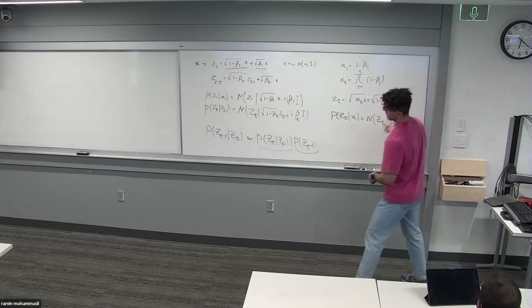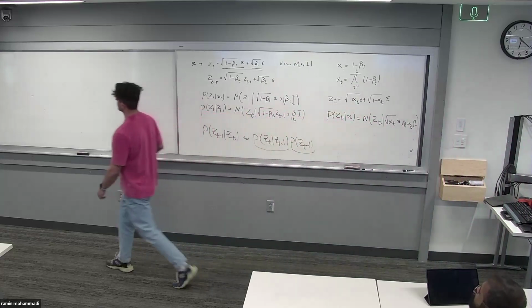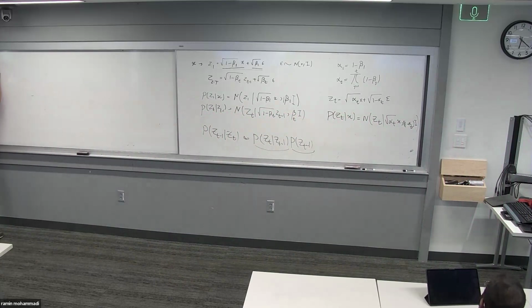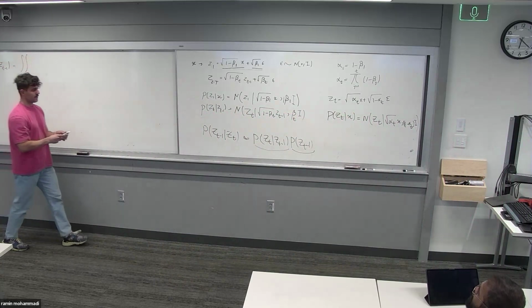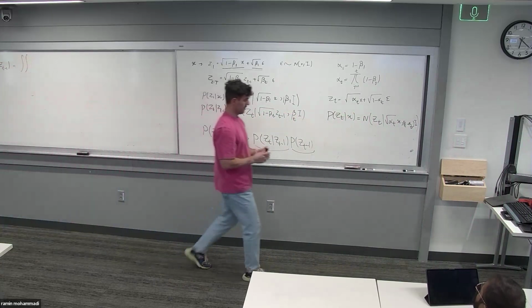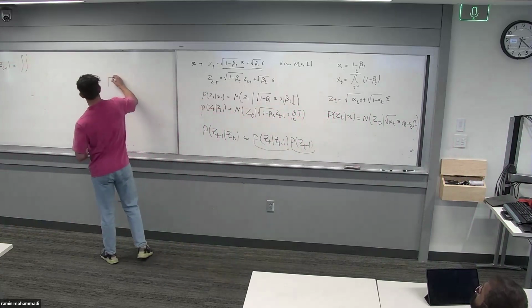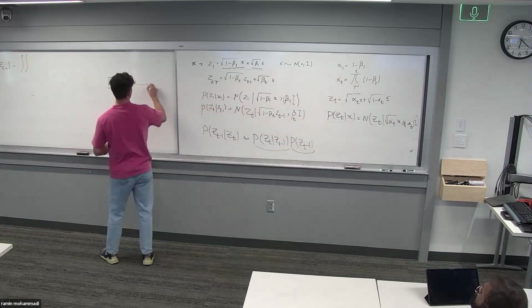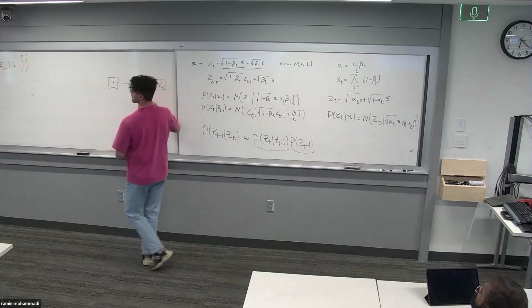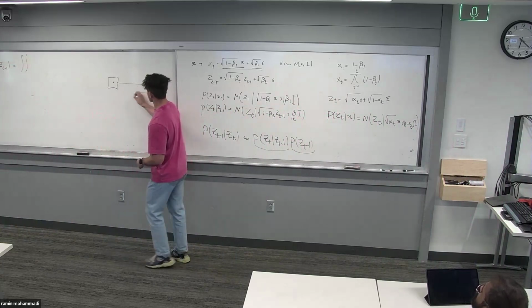Now, let's look at the marginal, the probability of zt minus 1. If you think about the idea of diffusion, you start from an image, you go all the way to pure noise, and then you want to go backward, correct?